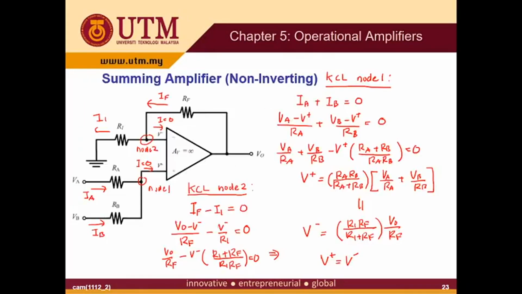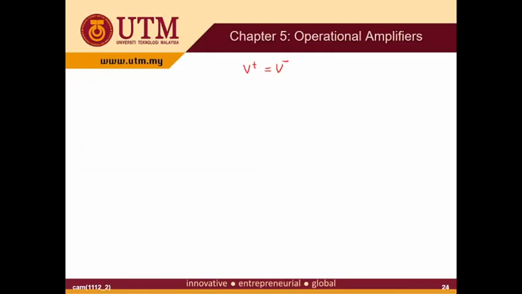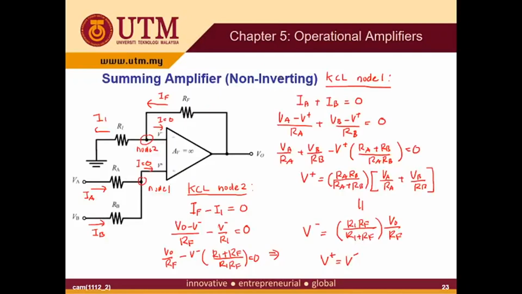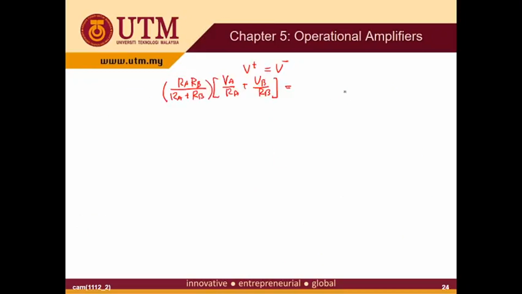V plus is RA RB over (RA plus RB) times (VA/RA plus VB/RB). For V negative, it is R1 RF over (R1 plus RF) times Vout over RF.